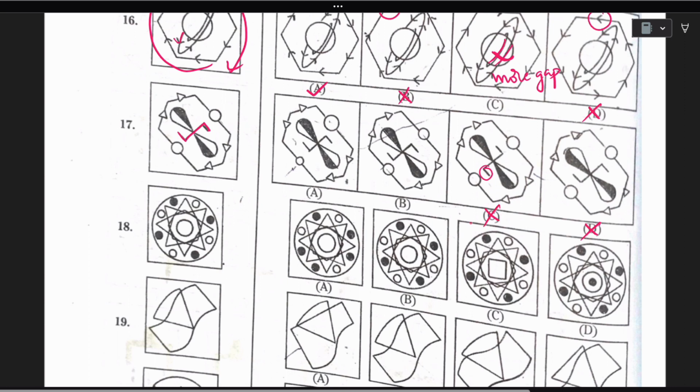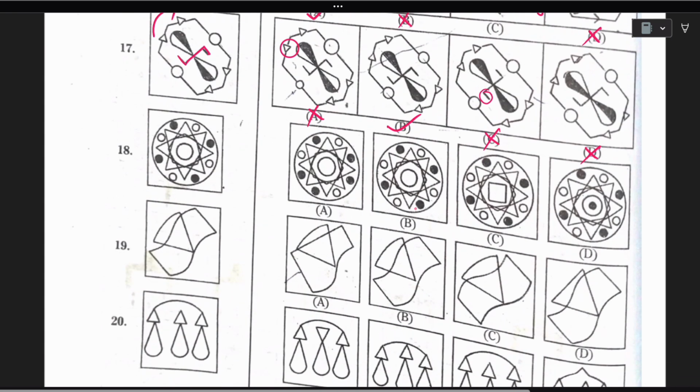We will be eliminating C. And then check the triangle directions. This is going like this, and here the direction of the triangle is not matching, so we will be eliminating A. And in B, the directions of the triangles are matching, hands are also matching, shadows are matching, everything else is also matching, so we will be selecting B as our correct answer.